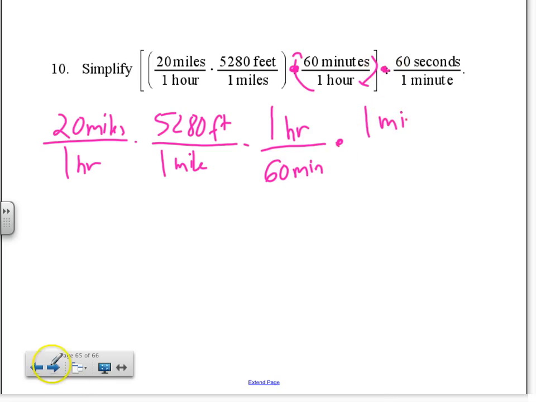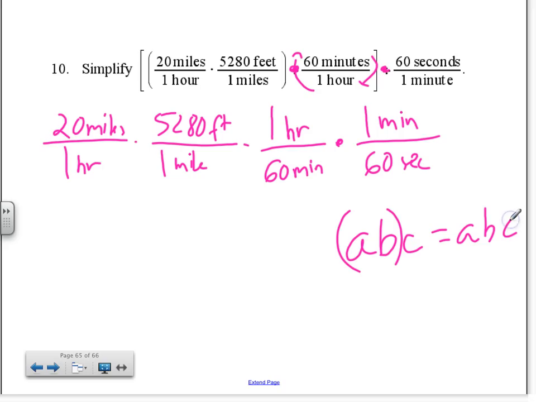So it's 1 minute over 60 seconds. That's fine. Technically speaking, whether you have this or not, can we still multiply back in? Whether I write it like this, is that still the same thing as A times B times C? Yes. That's why we don't care whether it has brackets or parentheses.